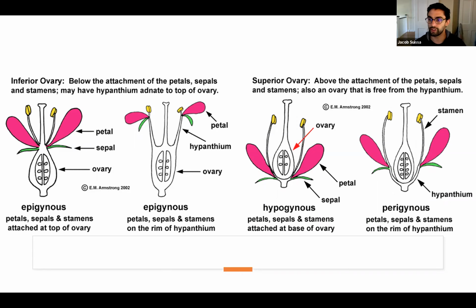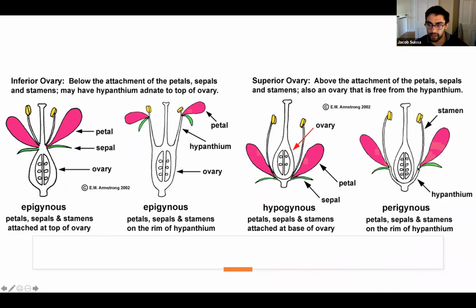But essentially, all it is is a fusion of the floral whorls. Except, I mean, not always the ovary. It's a fusion of the sepals, the petals, and the stamens, at least. And hypanthia can occur with superior ovaries or with inferior ovaries. And it just depends on the fusion of the floral organs.